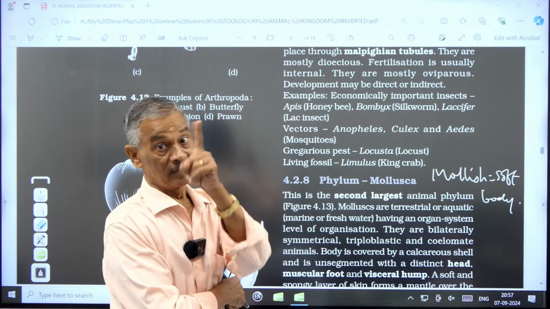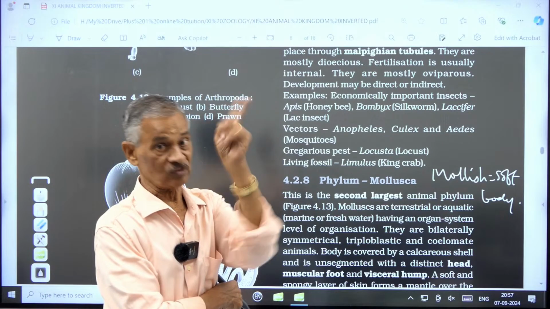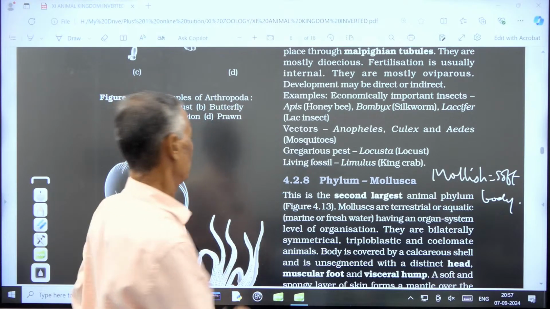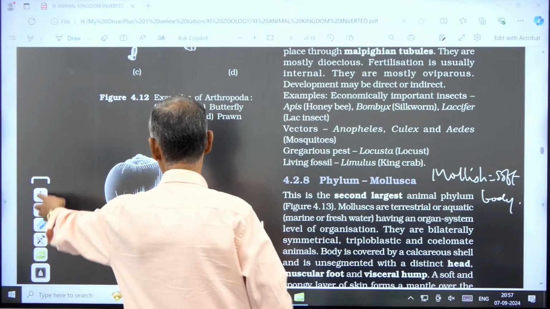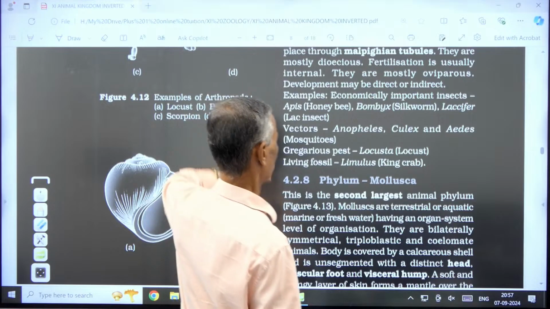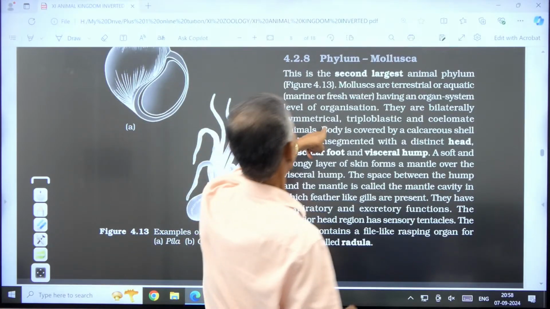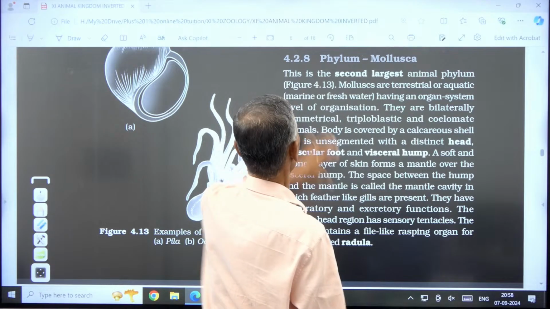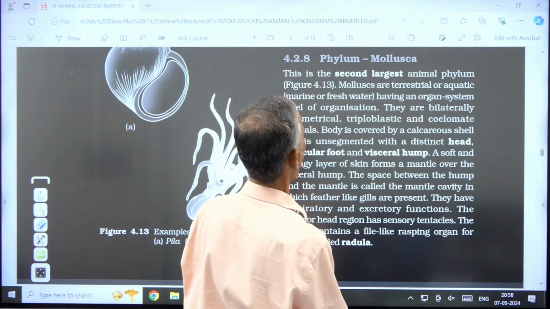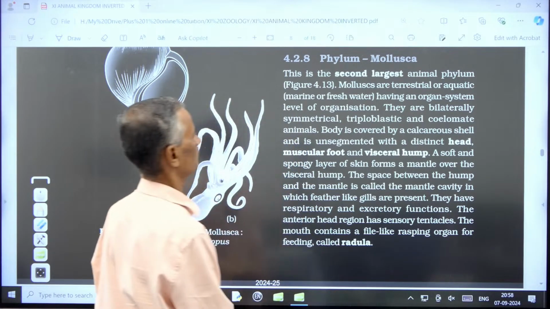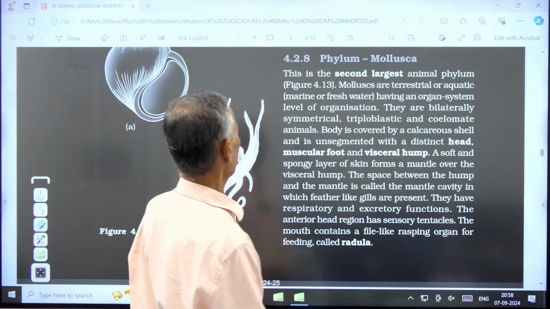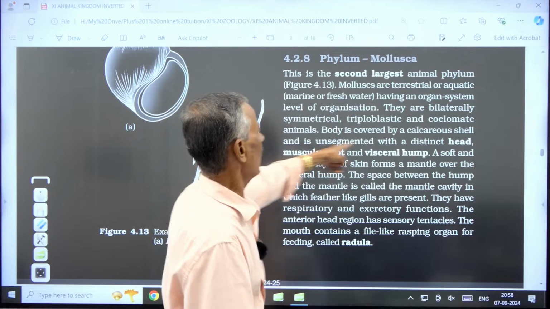Their body is not segmented. You please underline that word. Body unsegmented. They are bilaterally symmetrical, triploblastic, coelomate animals, which is non-segmented. It is unsegmented.